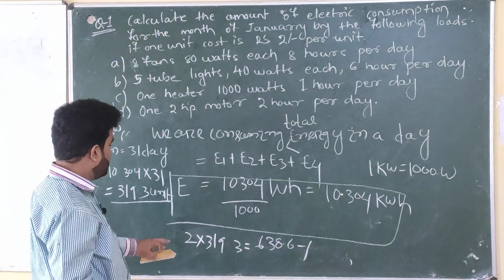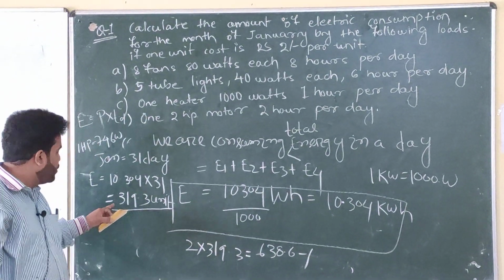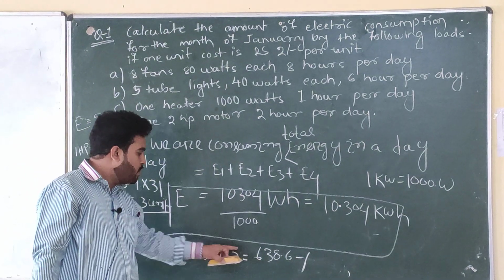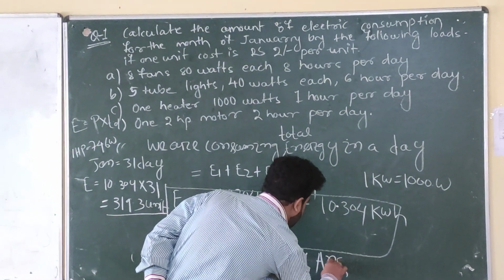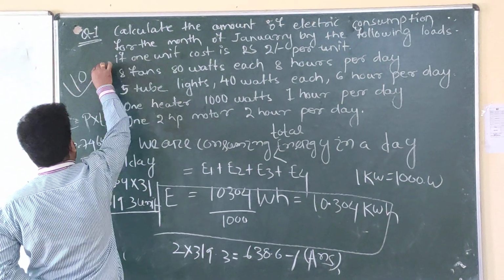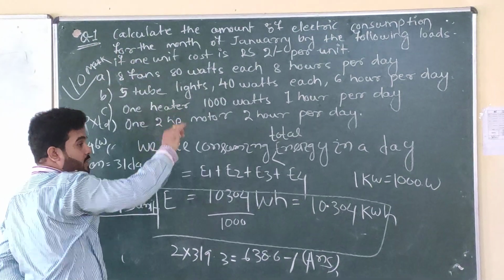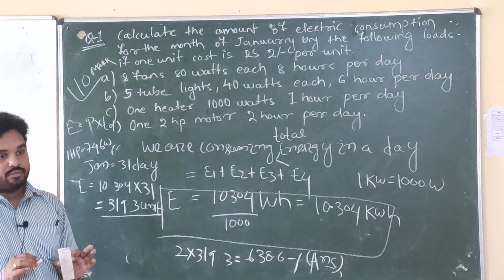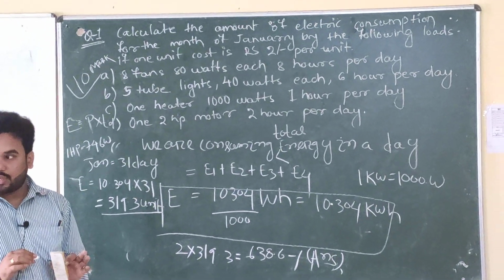If the per unit rate is 2 rupees and we found 319.3 units, you simply multiply by 2 and get 638.6. This is your answer. This is a 10 mark question, not a 5 mark question, and this calculation is very essential when you are using it in your home. Okay, clear?